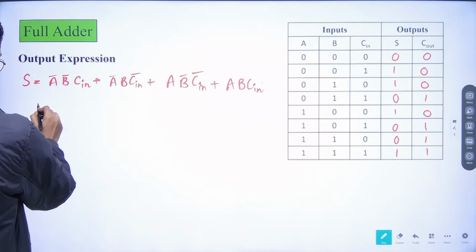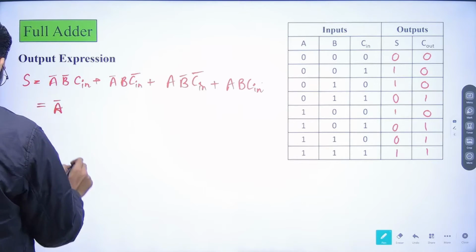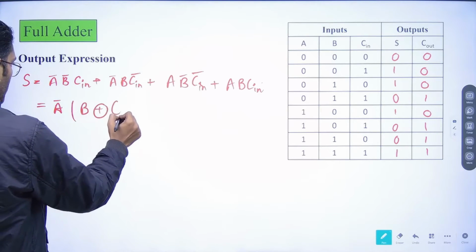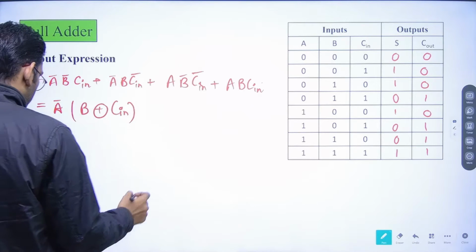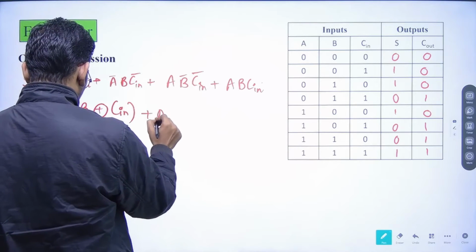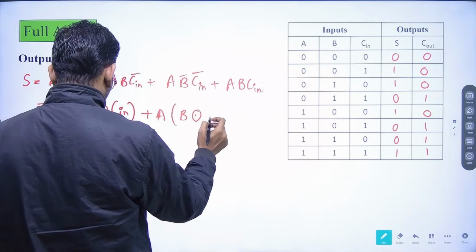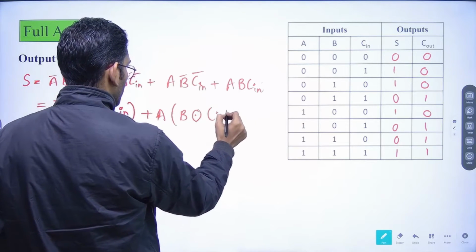Now after simplifying, what can we get? We can get A bar, then B XOR C in, plus A, B XOR C in.